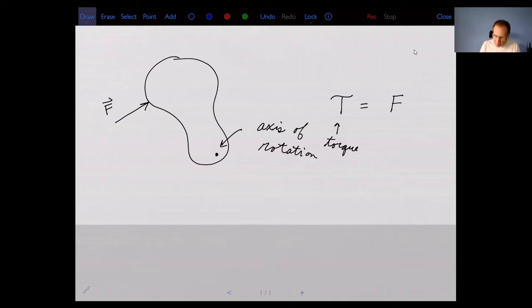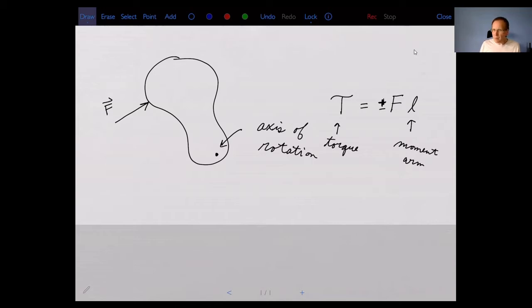And it also depends on a special length, which I'll call L here. And this is what we call the moment arm. And it turns out, at least for the two-dimensional case, that the torque could either be positive or negative. I'll explain how you figure out that sign in a second, whether it's positive or negative.